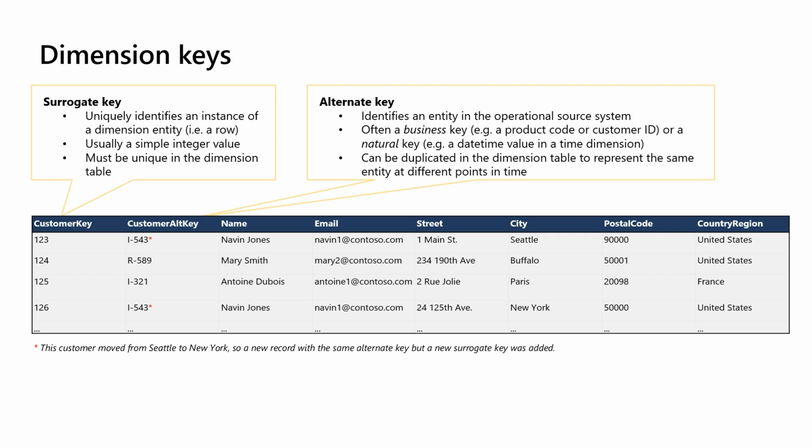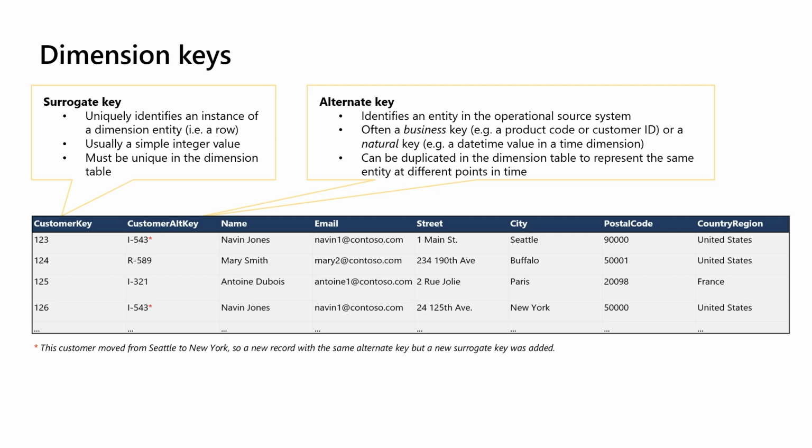Alternate keys identify a specific instance of a dimension entity, such as a customer, and are often inherited from the source operational system, the business key for the entity, or they're based on a natural key that uniquely identifies an entity, such as an email address for a customer.